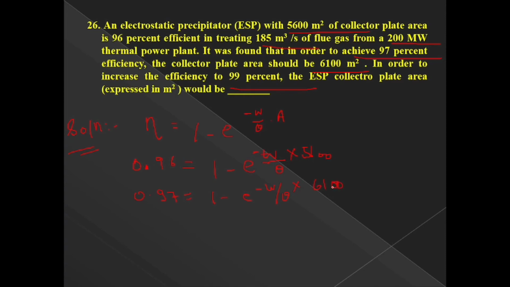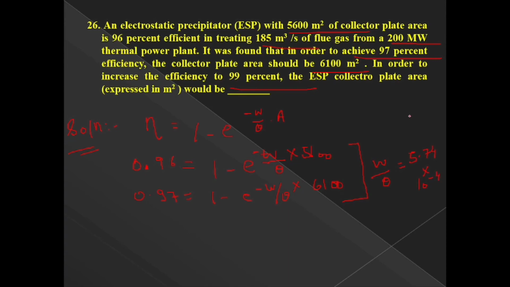So from these two equations, w by theta can easily be calculated. w by theta is equal to 5.74 after calculation into 10 to the power minus 4.